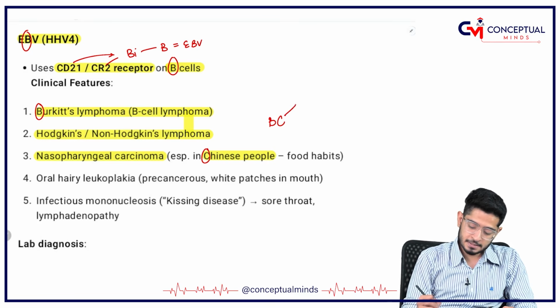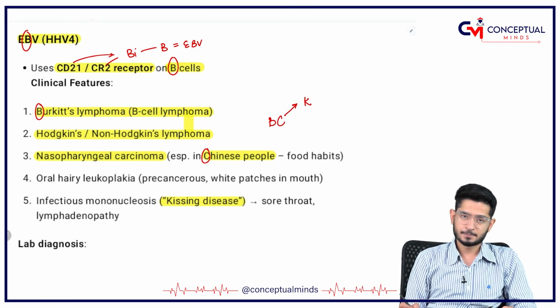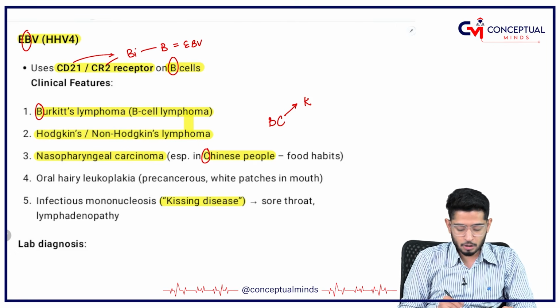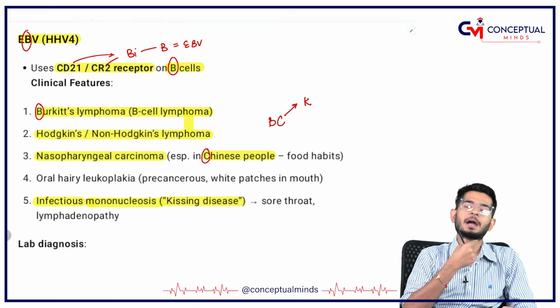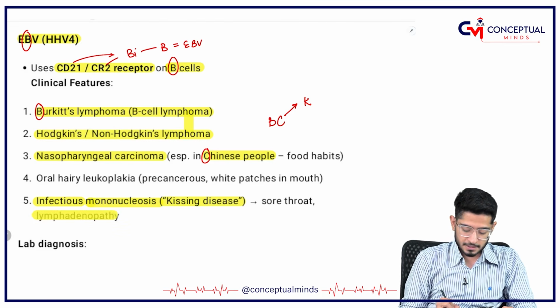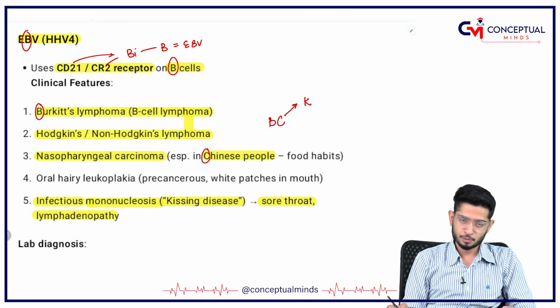Very good. Now, C and K are phonetically similar, so Cushing's disease is caused by this. What is this disease, also called infectious mononucleosis? Remember, it is a sore throat and swollen lymph nodes. So, sore throat and lymphadenopathy is called infectious mononucleosis.